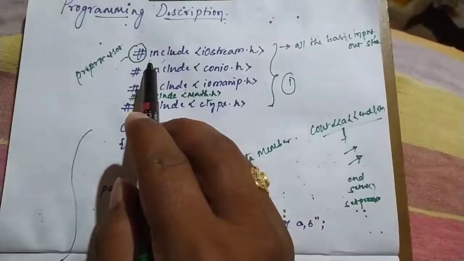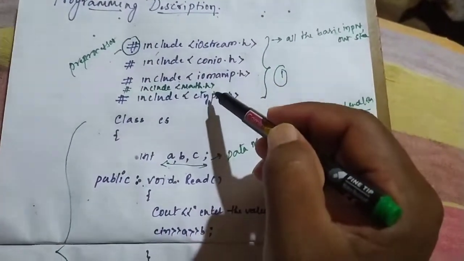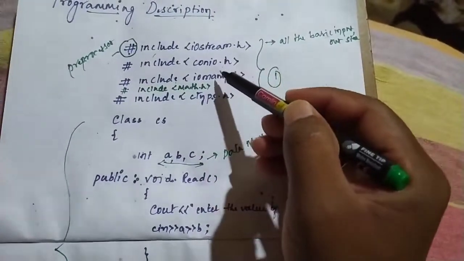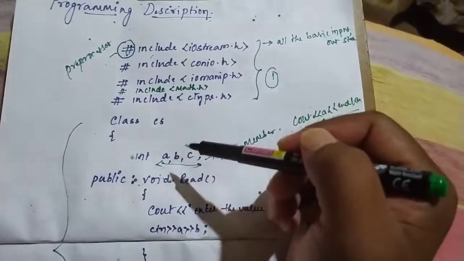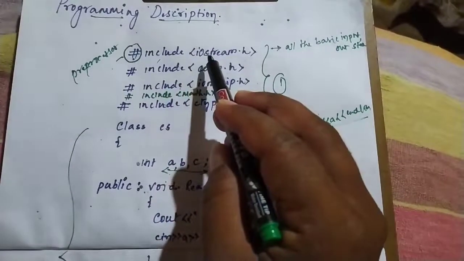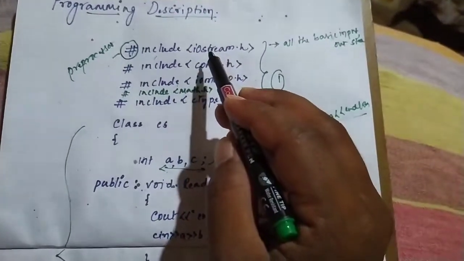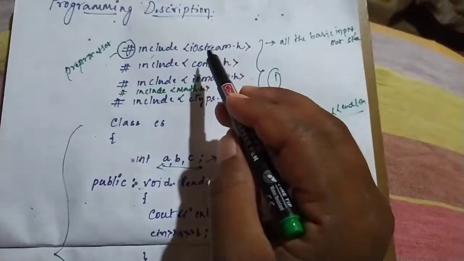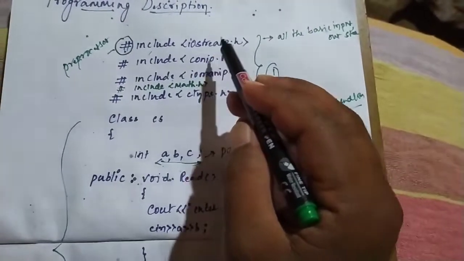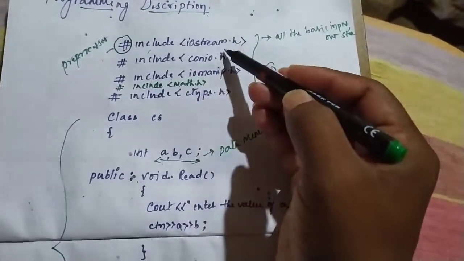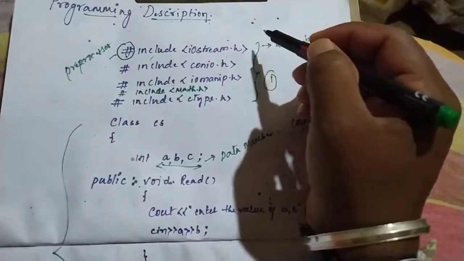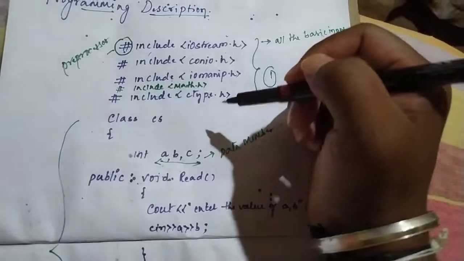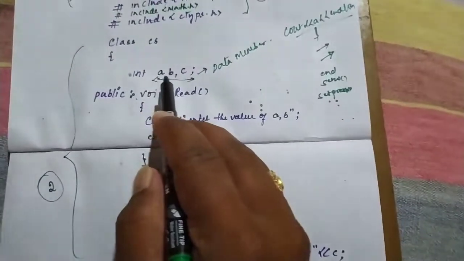First one. Here 3 to 4 library functions I have defined. Each and every library function has its own property, its own characteristic. The first one, iostream.h. First of all, iostream stands for input output stream. Stream is nothing but a character. The basic input output will be executed with the help of iostream. Which are the basic input output? For example, int ABC.